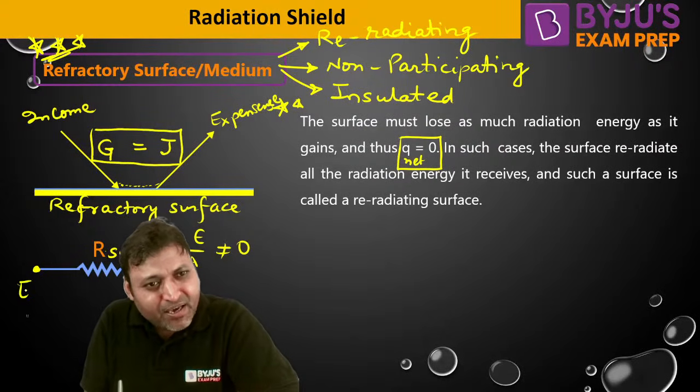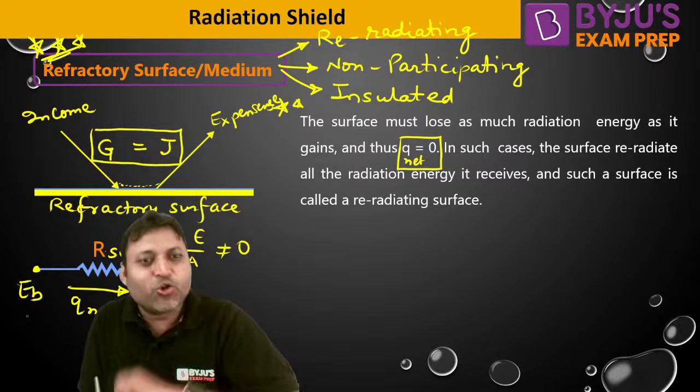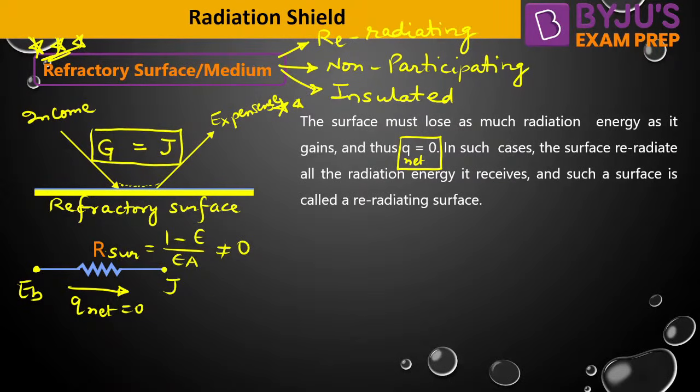This is Eb, this is J. Only Q net will be equal to 0. Are you getting it? There is a difference between a refractory surface and a black surface. A black body has 0 surface resistance. But the refractory surface will not have 0 surface resistance.